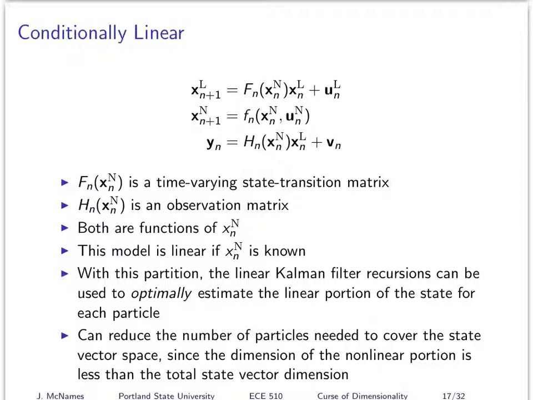And if you can fit your state space model in this form, if you can meet the constraints and express it in this way, then there's potentially big savings in computation or big gains in accuracy, depending on how you want to look at it, because we're effectively beating the curse.